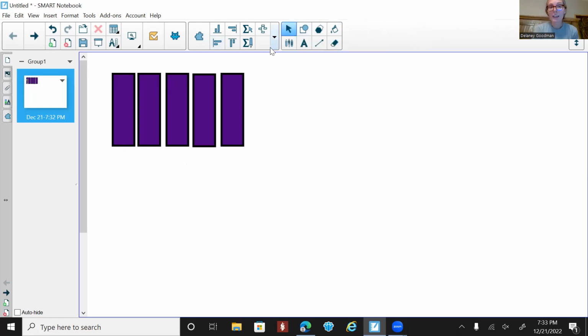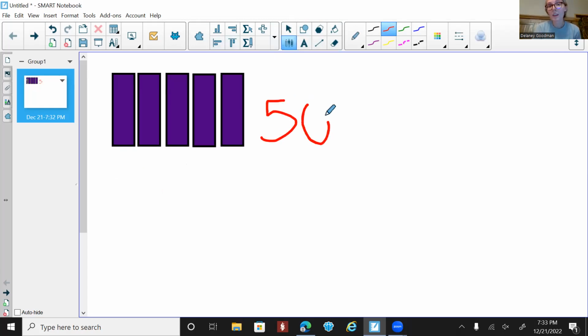Now, I can say that this is how many turtles? 50 turtles. Okay? That's what I have right now. And I know that if one came and joined, then I can add a single unit.